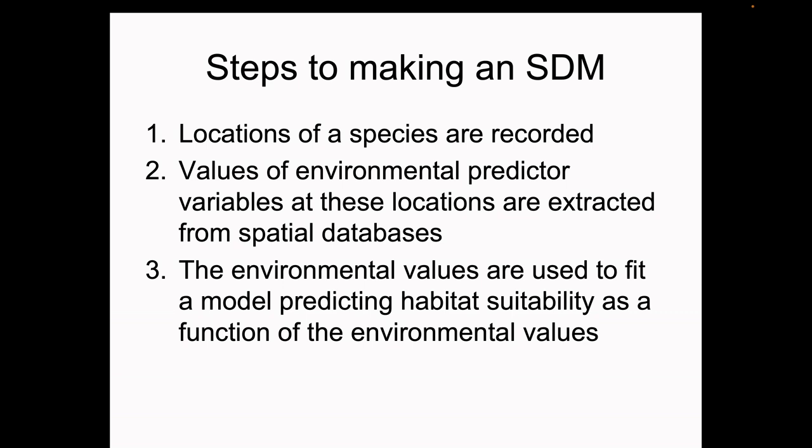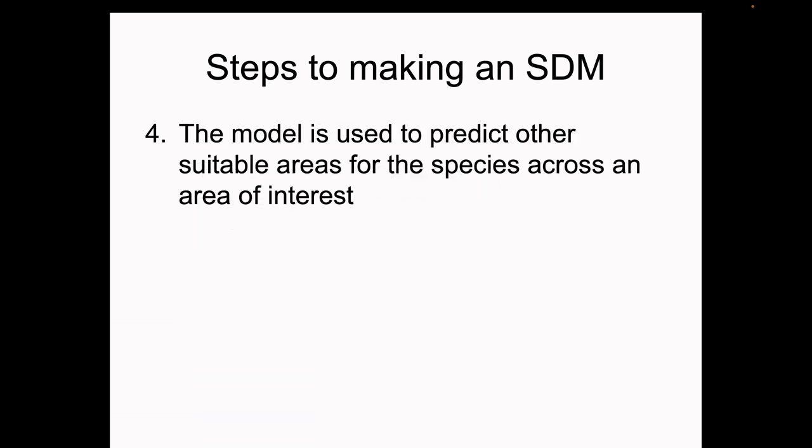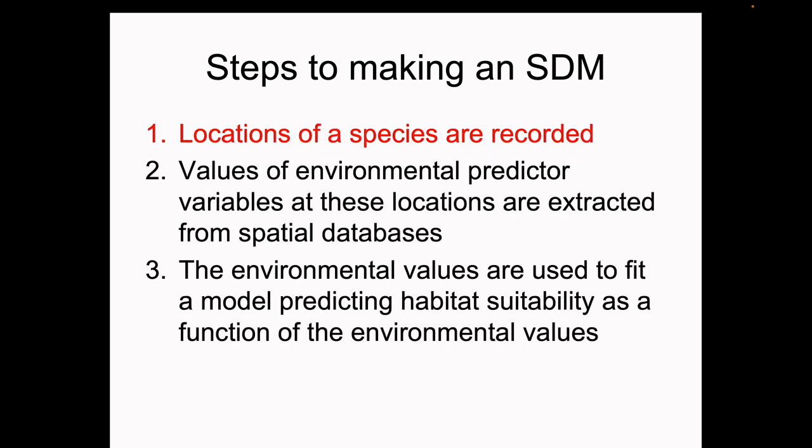The way that you make a species distribution model is that you take the locations of where the species occurs. You also take environmental data about what the habitat is like at the places where your species occurs. And then you make an equation based on what the habitat is like at the places where the species occurs.